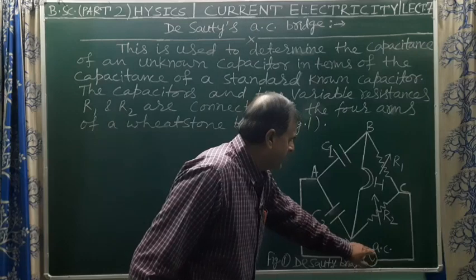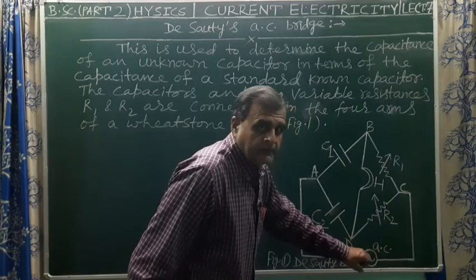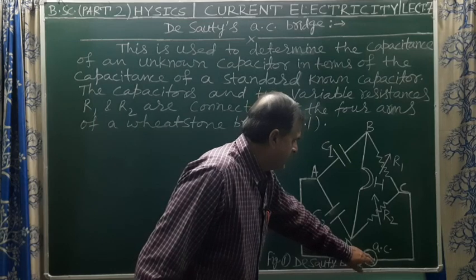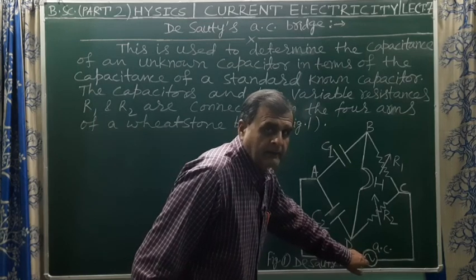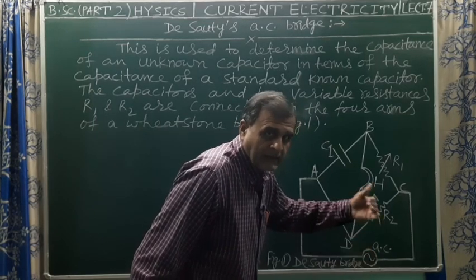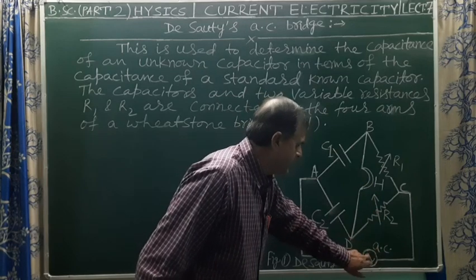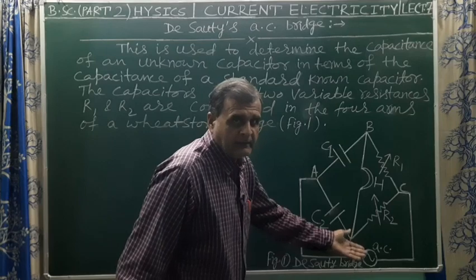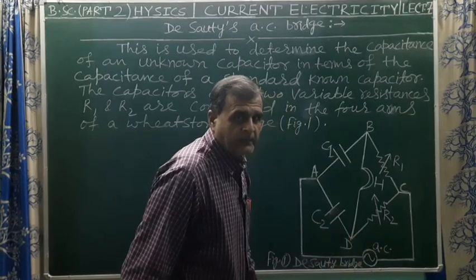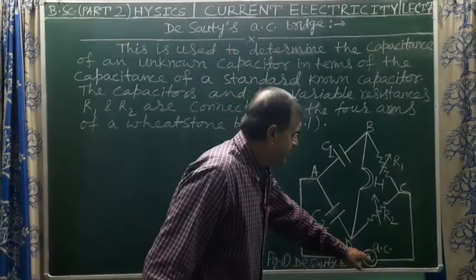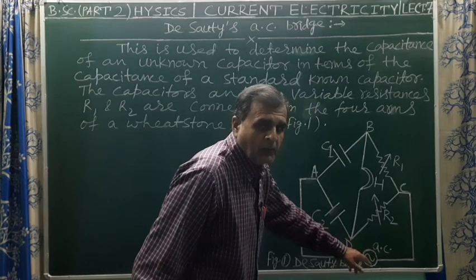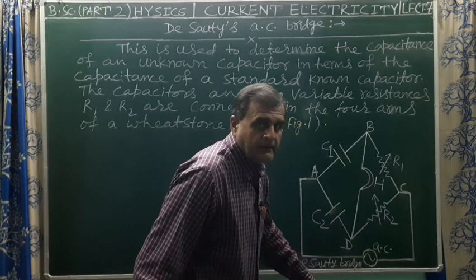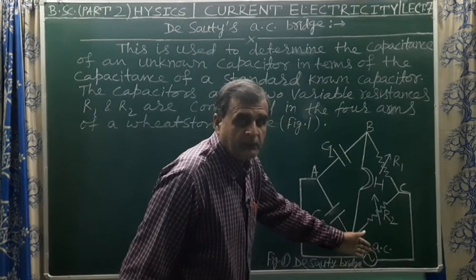This is the symbol of an AC source, that is, an AC waveform, a sinusoidal waveform, enclosed inside a circle. एक सर्किल के अंदर AC वेवफॉर्म को इनक्लोज किया जाता है, जो AC सोर्स का सिंबल है.